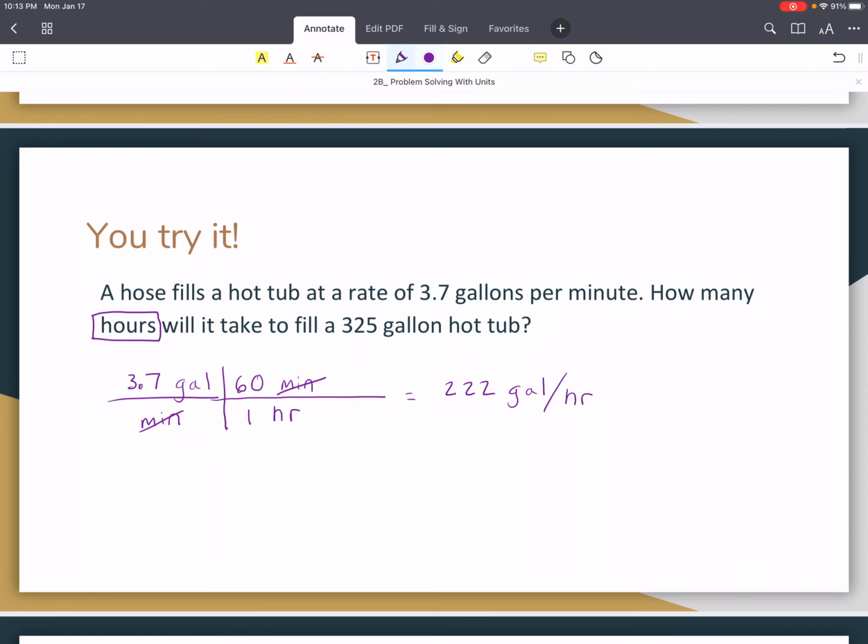And so to cancel that, we need to know how long it is going to take. So 325 gallons, and we divide it by 222.